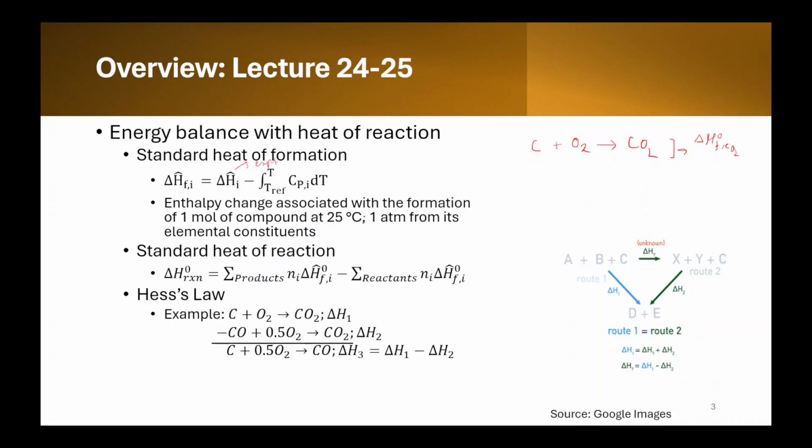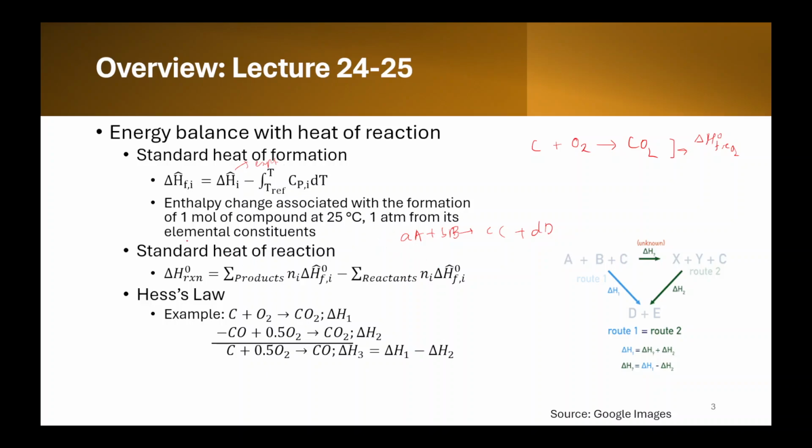Then the standard heat of reaction can be computed using the heat of formation of the products and reactants. Suppose a A plus b B giving c C plus d D. Capital A and B are reactants, capital C and D are products, and small a, small b are the stoichiometric coefficients of the corresponding reactants, and small c, small d are the stoichiometric coefficients of the products.